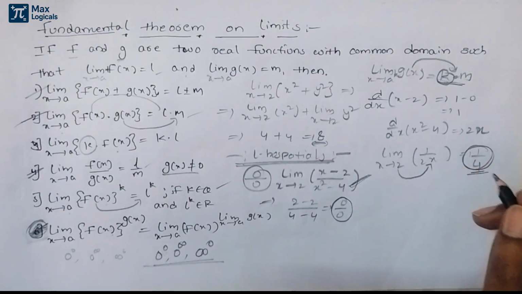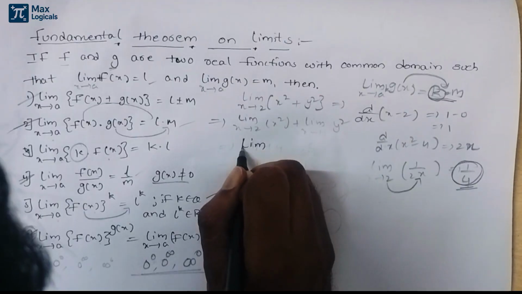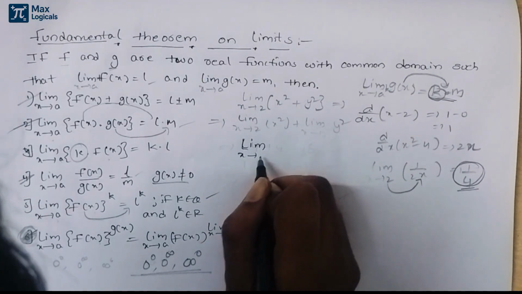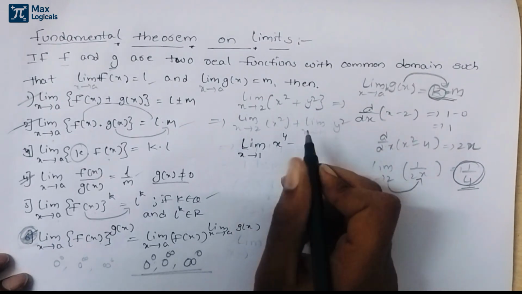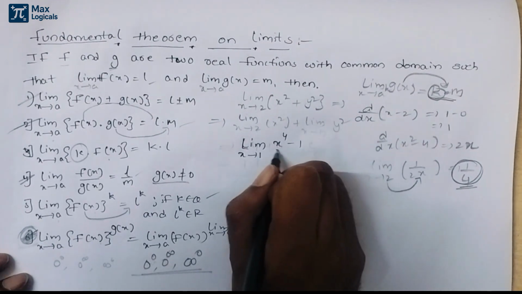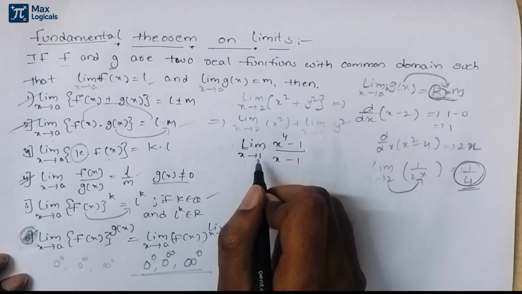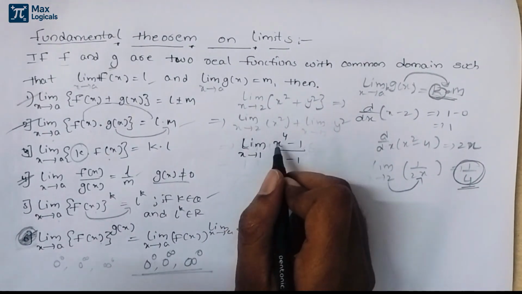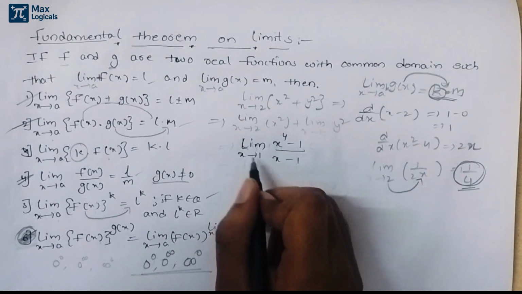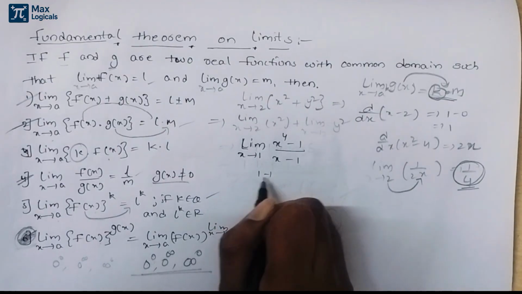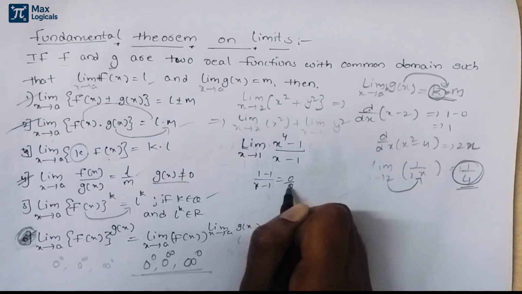I take one more example, that is the limit as x tends to 1 of x power 4 minus 1 by x minus 1. First we find the limit: 1 minus 1 over 1 minus 1, that equals 0 by 0.